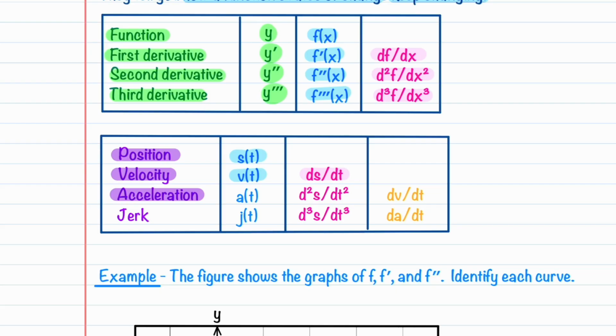It's usually written as a of t or d squared s dt squared or v prime of t or dv dt. And then lastly, we have a term called jerk. It is the derivative of the acceleration function, and it is written as j of t or d cubed s dt cubed, or more commonly, just dA dt.